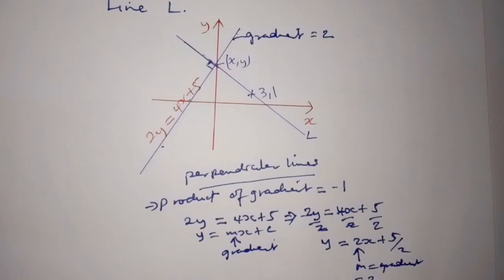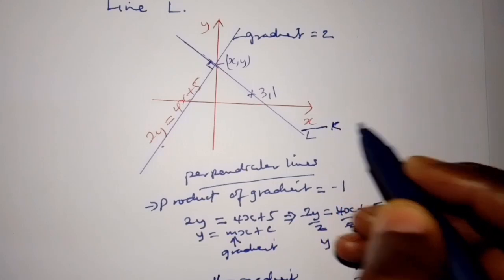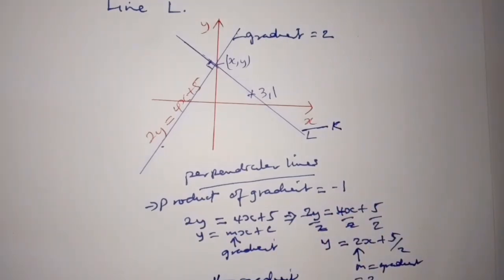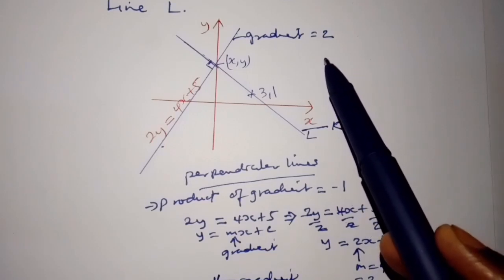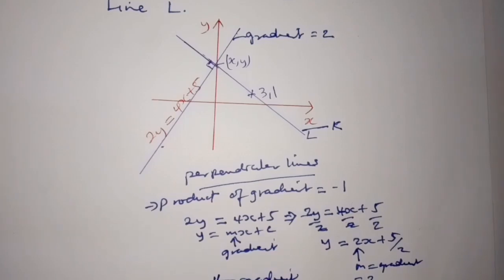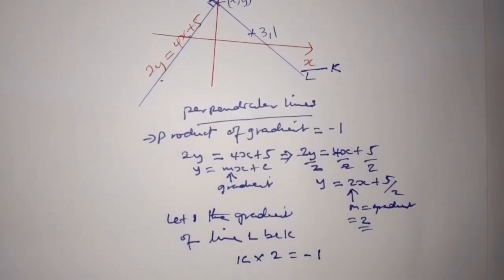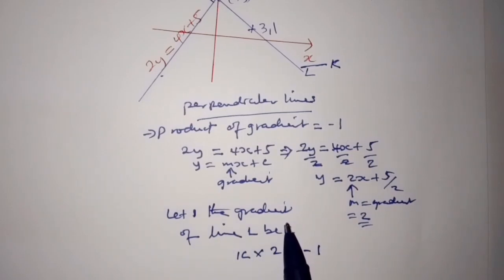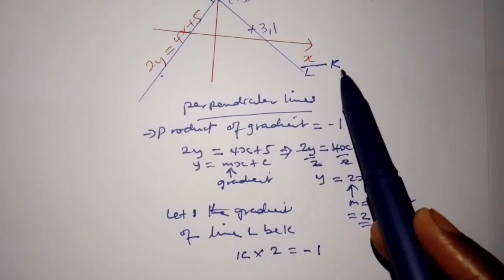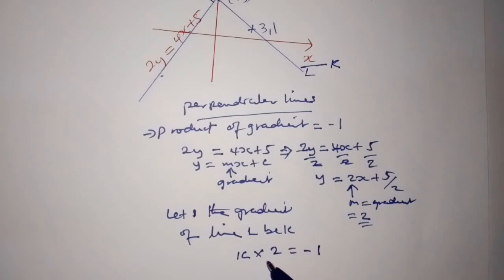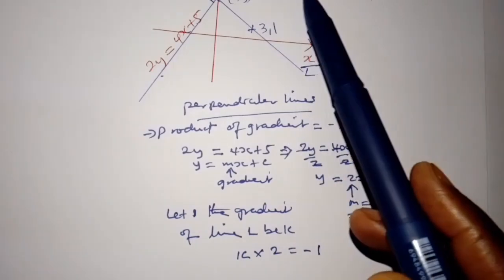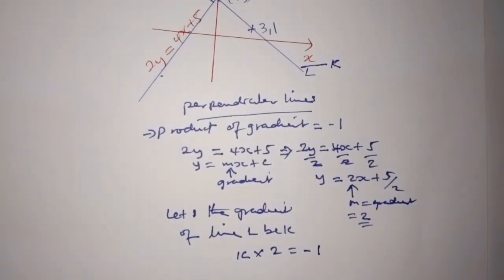let the gradient of line L be k. Then we can say that k, when we multiply by the gradient of this other line, which is 2, is supposed to give us -1.